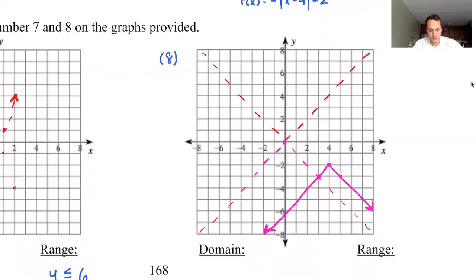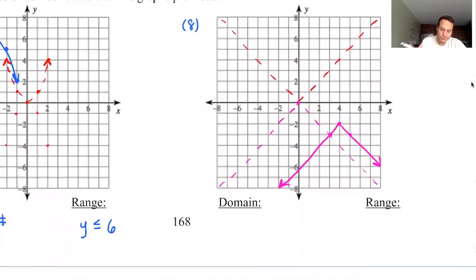There's our absolute value function. The domain, we talked about it. That's not going to change. That's all real numbers. Okay, and our range, well, again, similar to before, a reflection is going to change your range. Normally it's y is greater than or equal to, but because of the reflection, it's now less than or equal to. Okay, what number is that? Shifted down 2, so it's going to be negative 2 there. Okay, hopefully we're okay with that.